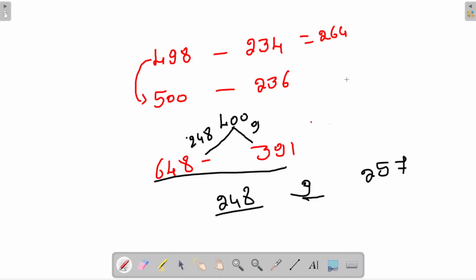For example, I need to subtract 948 minus 739. Can I assume 750 is the base, or 800? Whatever you want. Understood, right? I can assume 750, or I can assume any number between these two numbers.